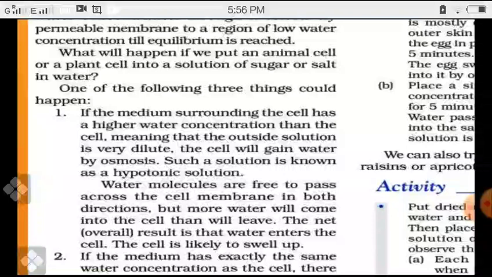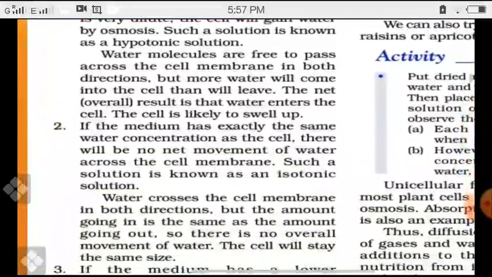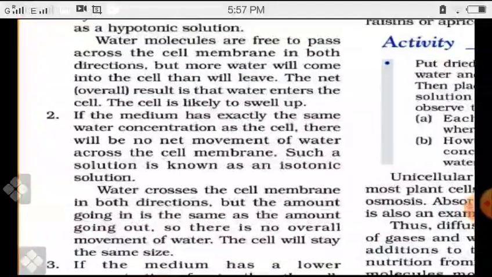So what is the net result? The water enters the cell more and the cell will slightly swell up. The cell regains the water and becomes a little thicker. Okay, it swells up.